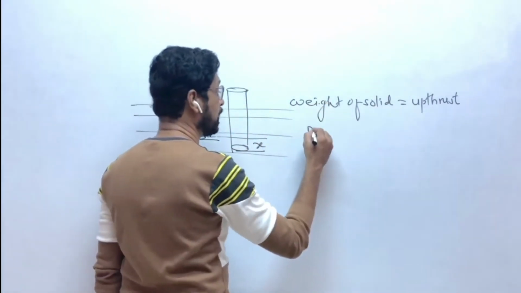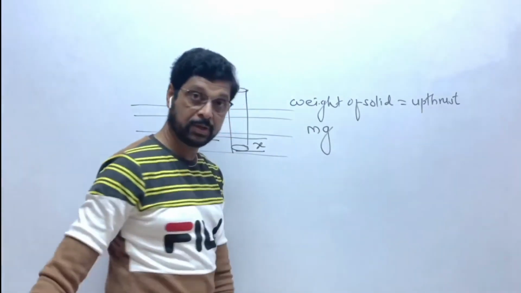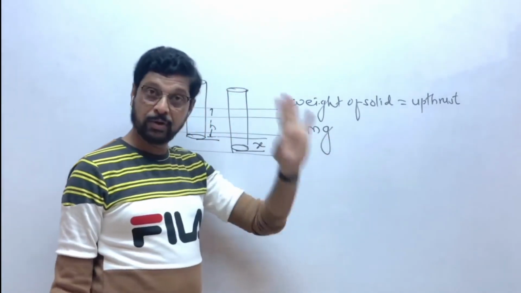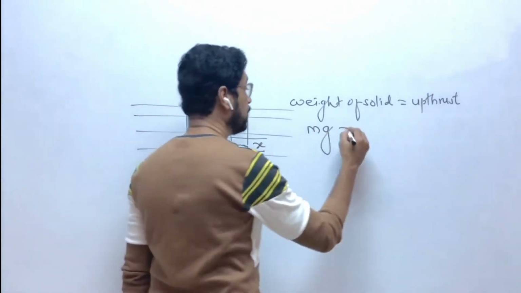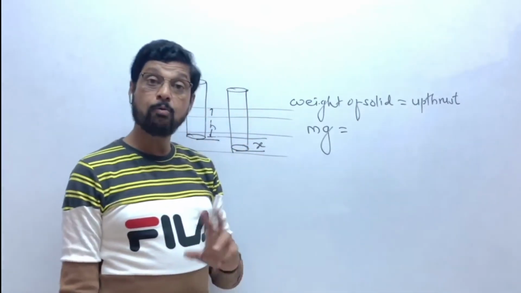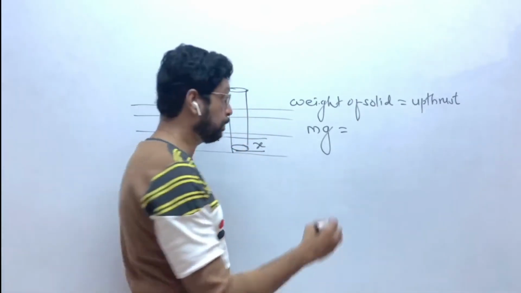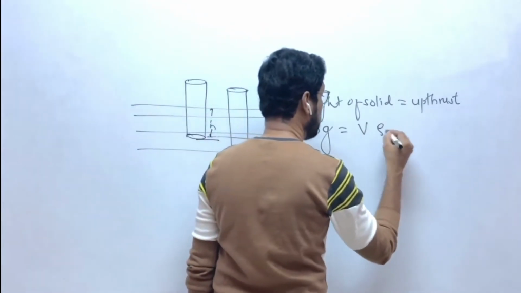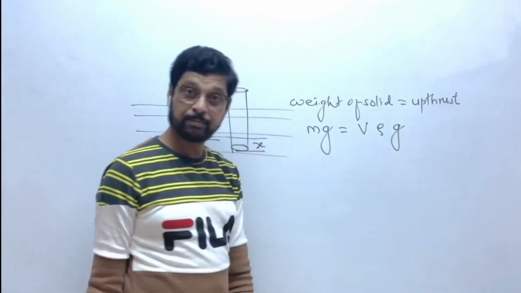Weight of the cylinder is mg, mass of the cylinder into acceleration due to gravity, is equal to the upthrust. The formula for upthrust is V rho g.